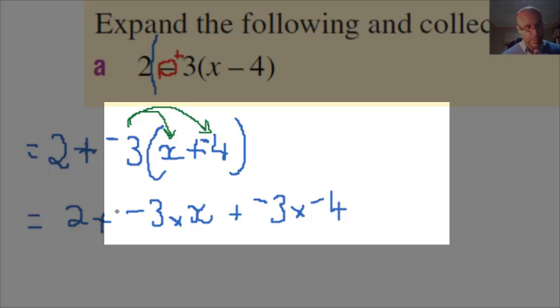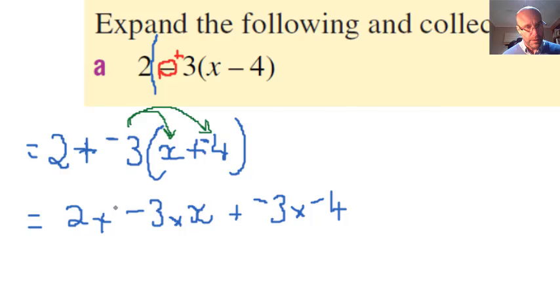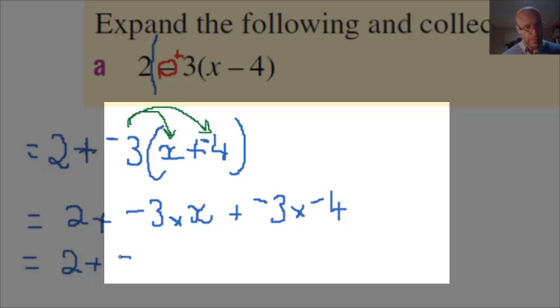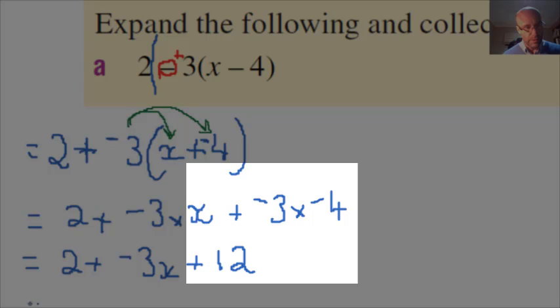Now remember, the 2 is separate to all of that stuff there, and we leave it till last, so this plus 2 just hangs on for now. Negative 3 times x is negative 3x, and plus negative 3 times negative 4 is positive 12. Two negatives times together make a positive. We just tidy this up.